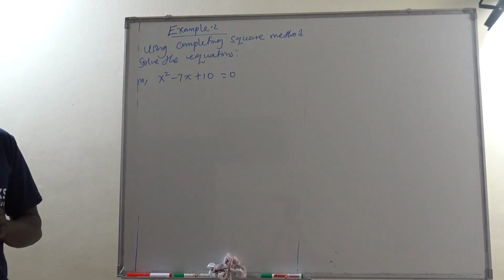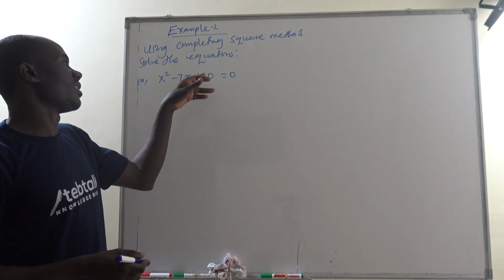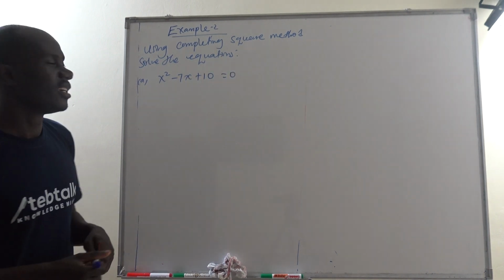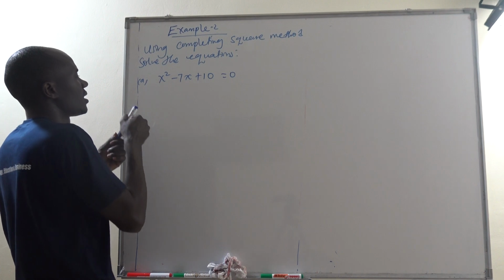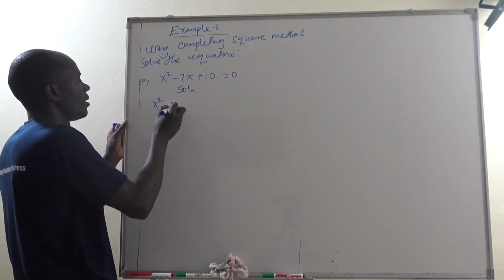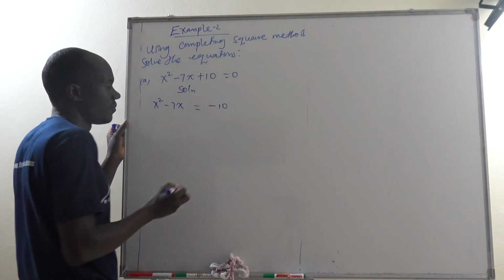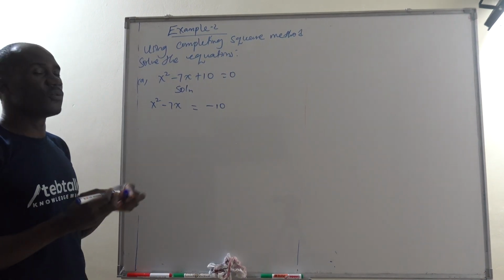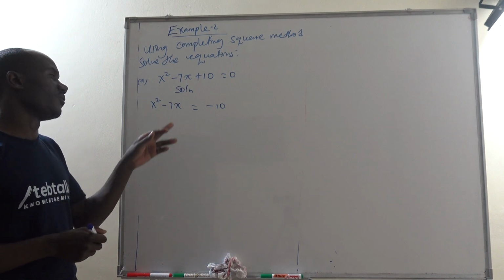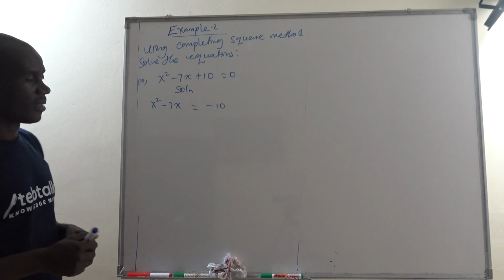So what I'm going to do is this. Now the right side is equal to 0. First take this one to the other side. It's going to be x squared minus 7x equals negative 10, since a positive becomes a negative. We said the coefficient of x, you divide it by 2, and add it on both sides.